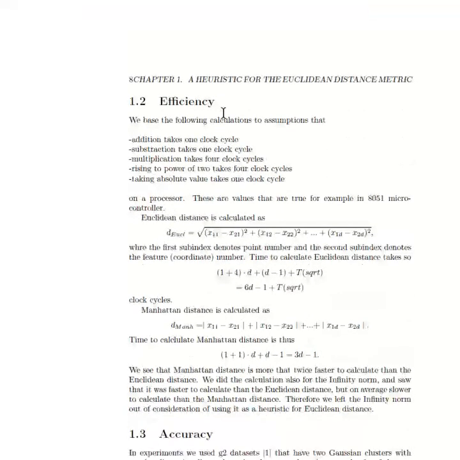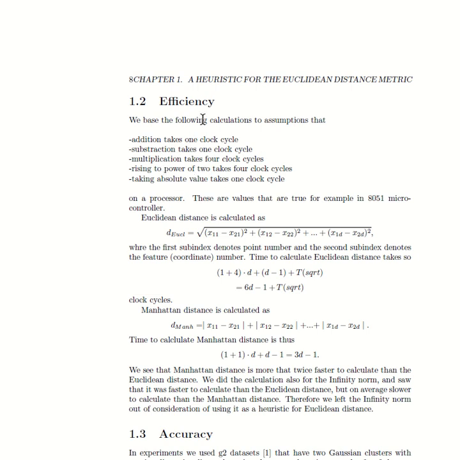And to see the efficiency, we need to know how much different calculation operations take in time. In processor, there's clock cycles, and addition takes one clock cycle. But we assume that these written here are, for example, rising to power of 2 and taking absolute value and so on.